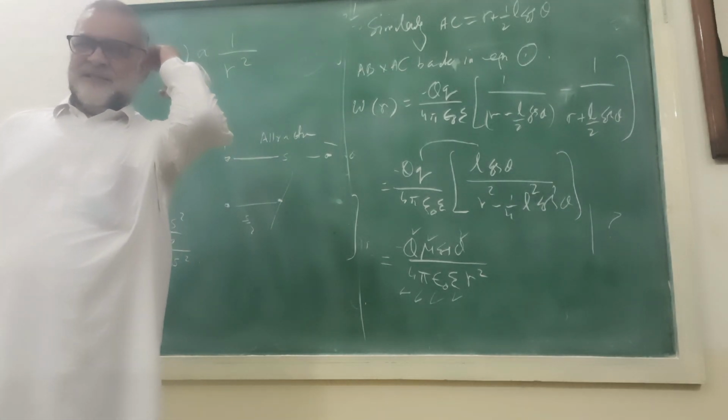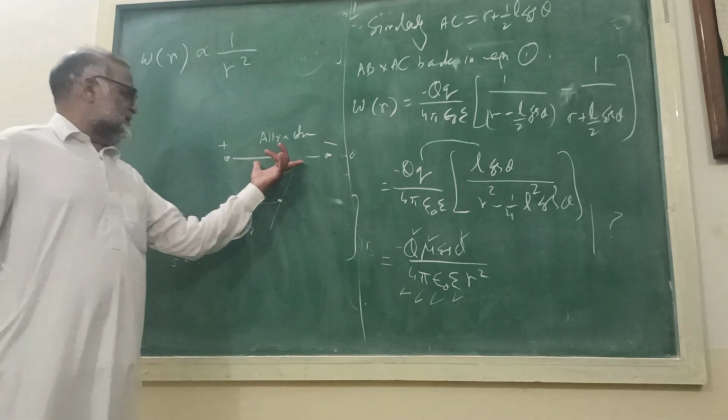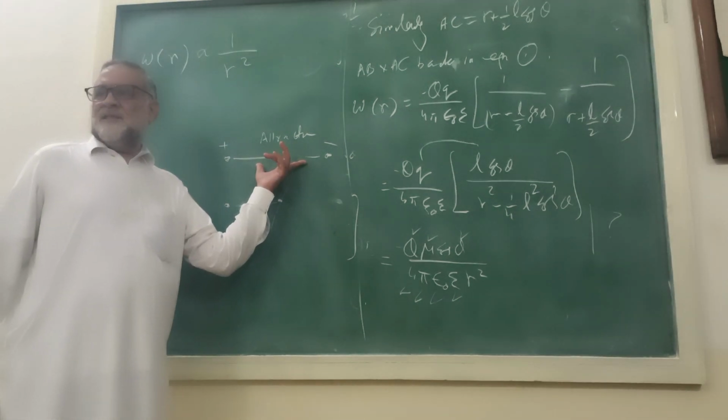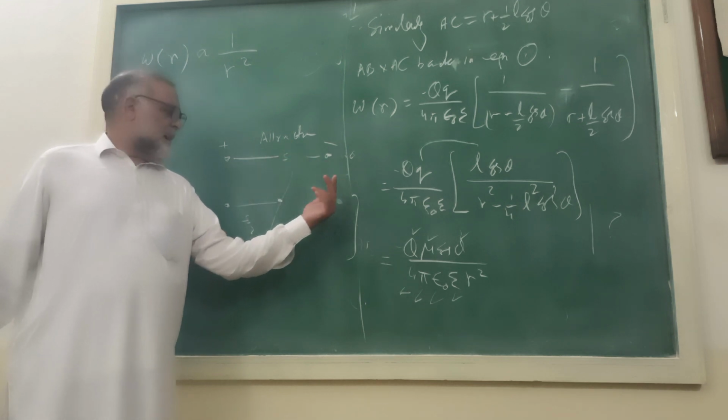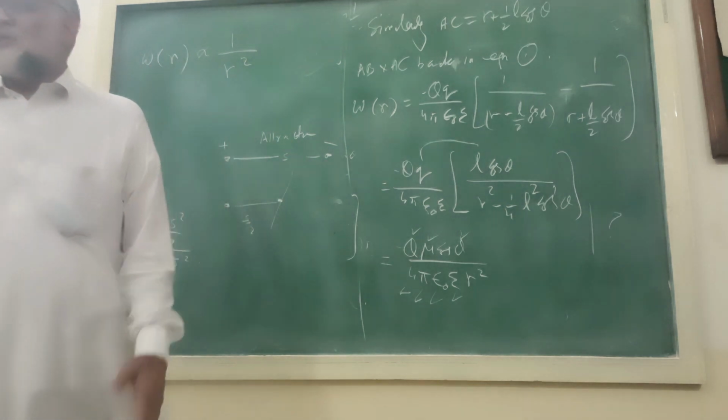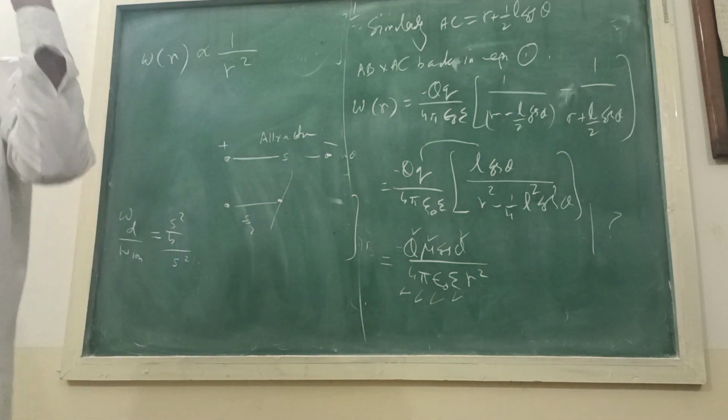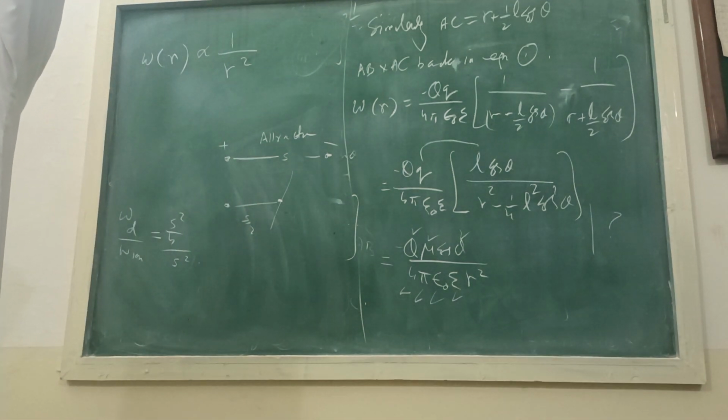Right? So if there is some attraction here, at this position there may not be any attraction or any energy between a dipole and a charge as compared with the energy between two charges.